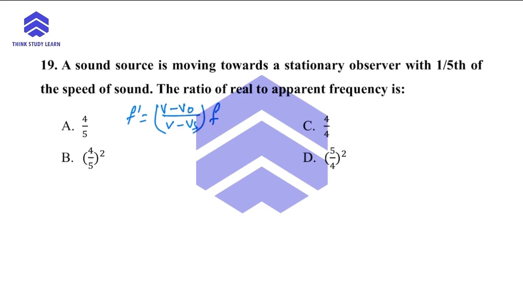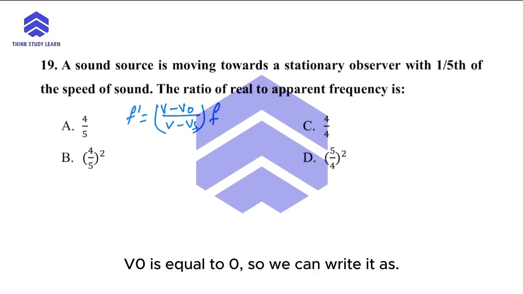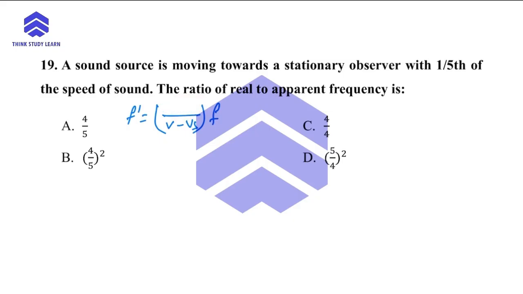We know that V naught is equal to 0, so V minus V naught is equal to V.